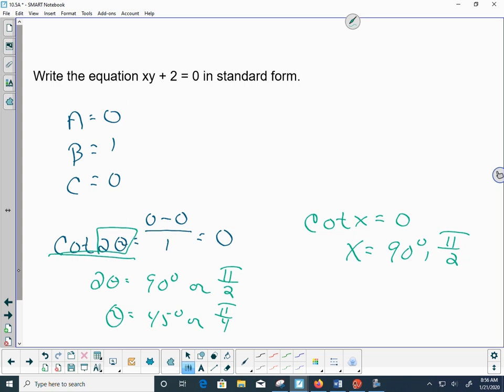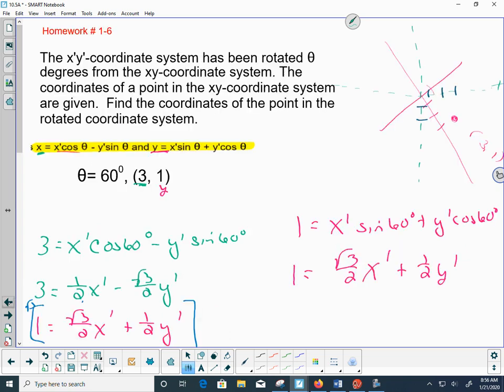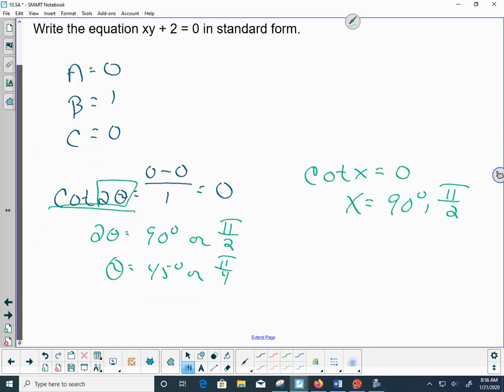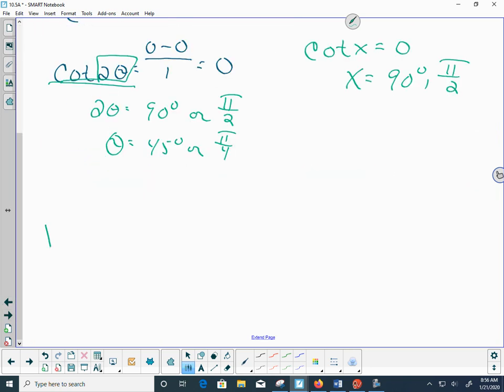Yes. So I'm going back to here where I have my x is equal to the x prime. So I'm going to say x is equal to x prime times the cosine. Do you care if I do radians? Are you good with radians?